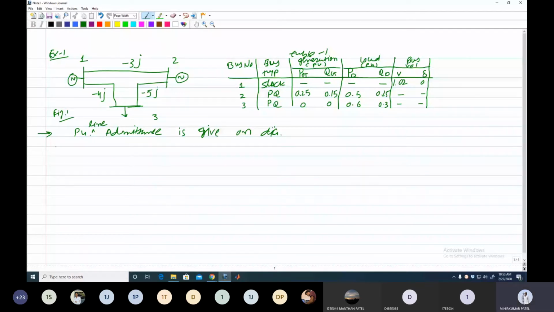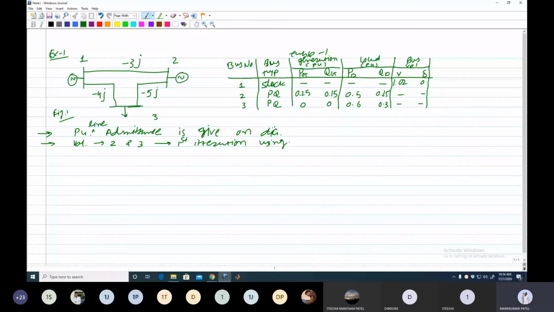Determine or calculate the voltages at bus number 2 and 3 after the first iteration using the GS method.